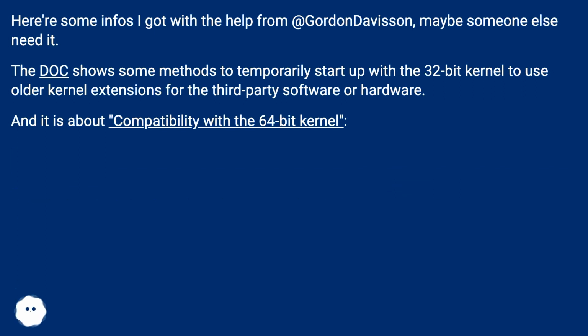Here is some info I got with the help from @Gordon Davisson, maybe someone else needs it. The doc shows some methods to temporarily start up with the 32-bit kernel to use older kernel extensions for third-party software or hardware, and it is about compatibility with the 64-bit kernel.